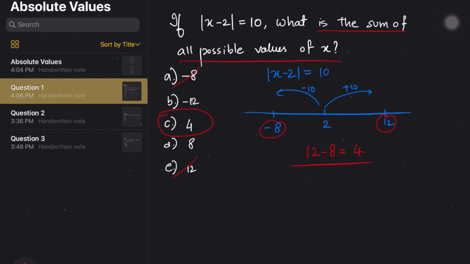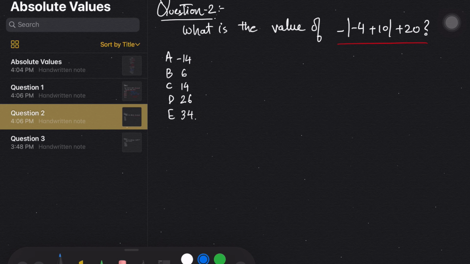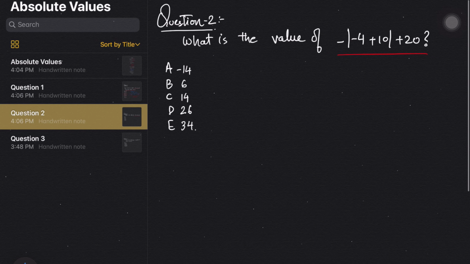Moving on to the next type of question that says, what is the value of this whole expression? So let us see how to solve this one. I'll again change the color. Now, minus the absolute value of minus 4 plus 10, plus 20. Now you have to solve this thing first. So let us see.